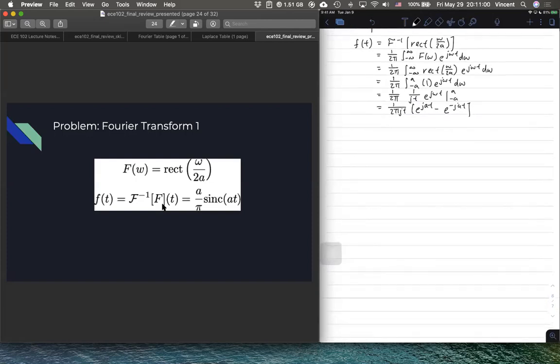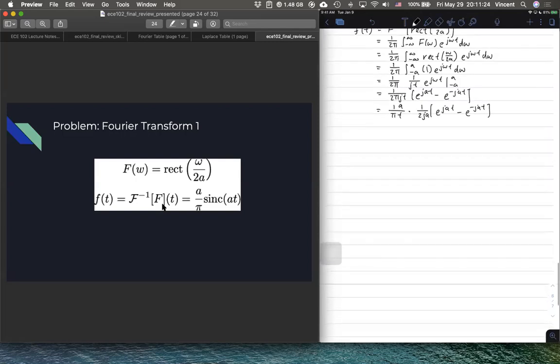So let's try to get into that form. T over 2j. So there's this a term in the exponential. So let's try to get that in the bottom. So we multiply top and bottom by a.